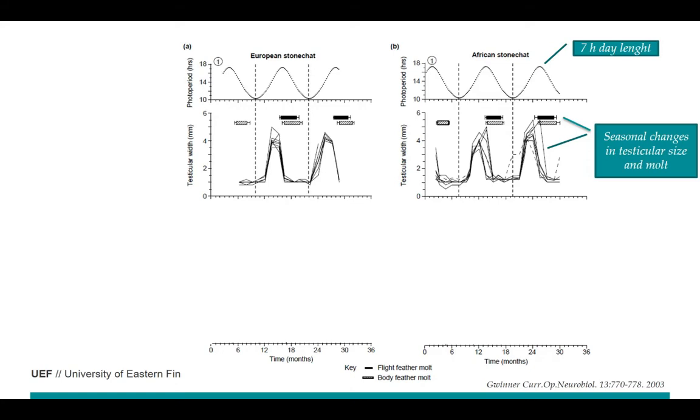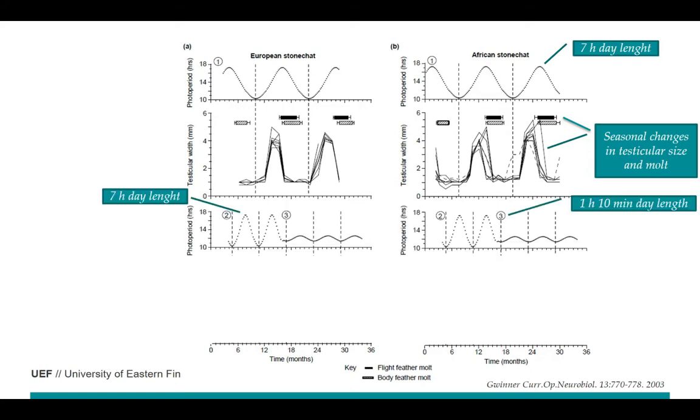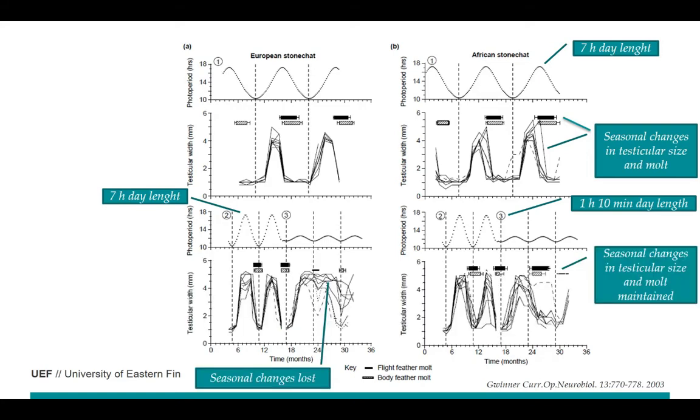Then when this 7-hour day length is changed to a very short day length, they behave differently. In the African stonechat, it's not dependent so much on these day length changes, so the seasonal changes in testicular size and moult are maintained.